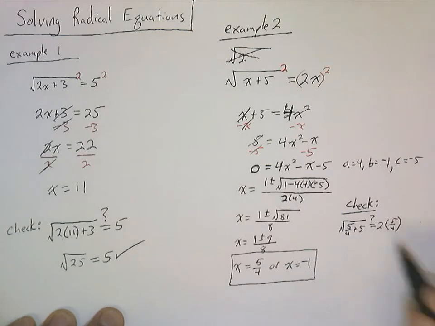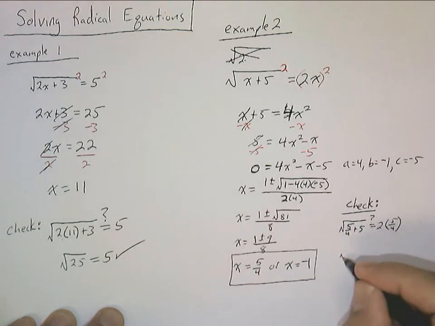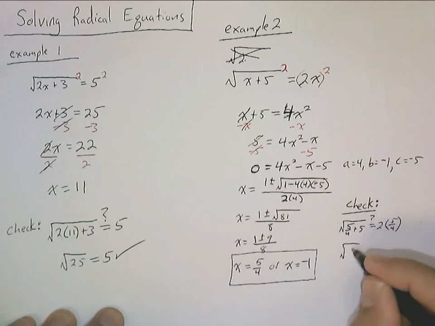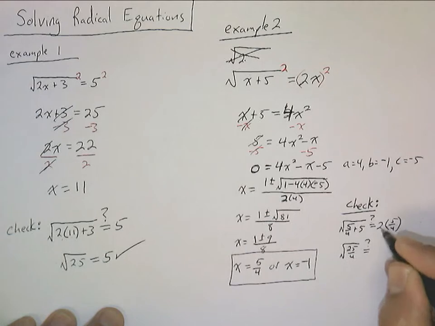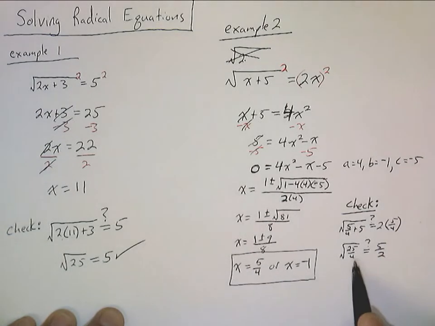And 5/4 plus 5, let's see here, 5 would actually be 20/4. So this is the square root of 5/4 plus another 20/4 would be 25/4. Is that equal to 2 times 5/4, which is, of course, 5/2? And yes, the square root of 25/4 is, of course, 5/2. Very good. So that's one solution. So this one definitely works, the 5/4.